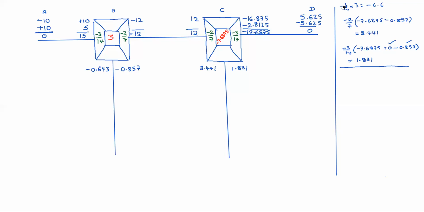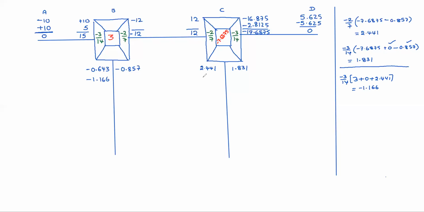Anyway, you understood that. Second cycle at joint B: minus 3 by 14 into fixed moment sum 3, foreign contribution from A support nothing, 0, from C support 2.441, which is equal to minus 1.166.